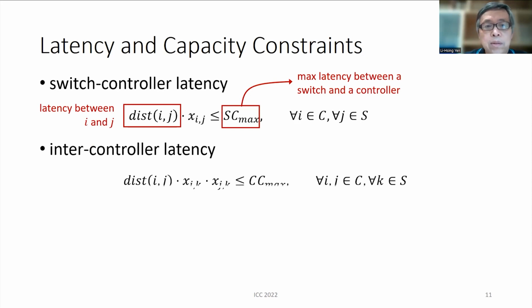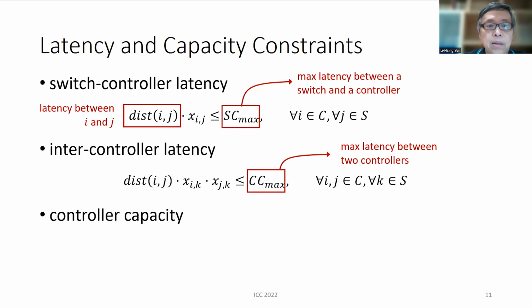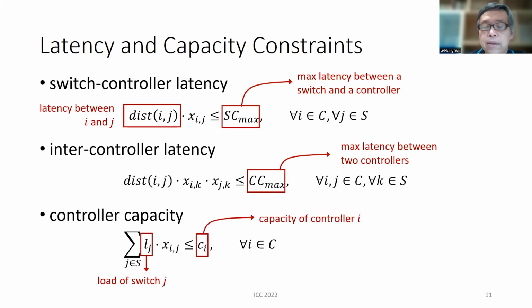If i and k are two controllers that manage a common switch at location j, then their in-between latency should not exceed the threshold CC max. And controller capacity means the load of switches placed on a controller should not exceed the controller's capacity.